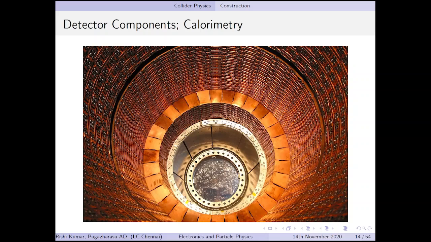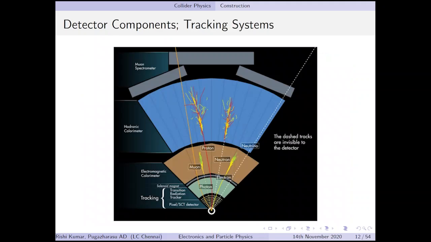Essentially, we have stopped all of the particles, such as the hadrons, the photons and electrons. But what isn't stopped are the muons. So what we can efficiently do is keep the muon detectors at the last end, as you see the muon spectrometer there.